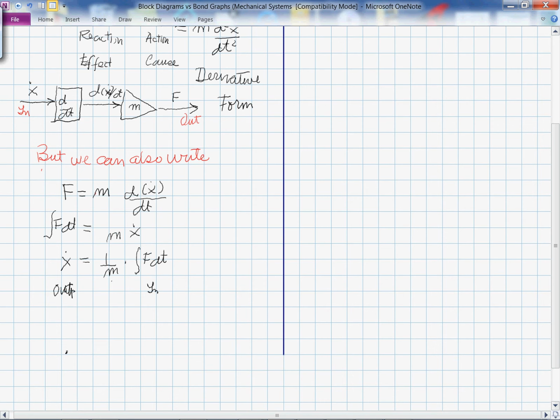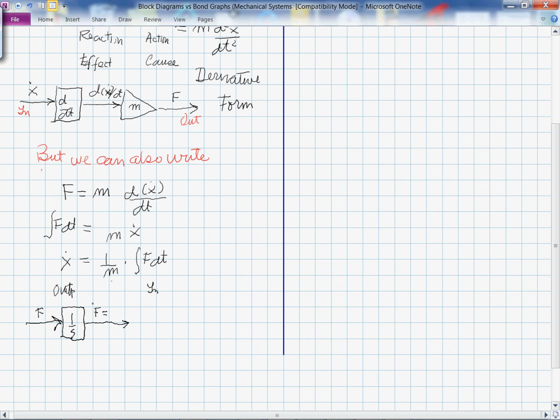So how would the block diagram look like for this one? This is going to look something like, in here you have the input, which is going to be this f, and then you come and do the integration here. 1 over s for integration. So what do we have right now?